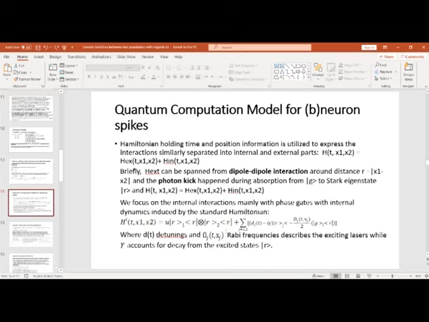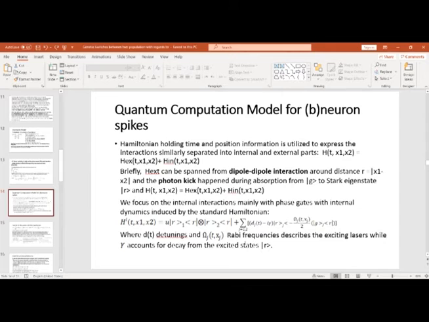So for this one here, what is important is the Rabi frequency. It describes the exciting lasers, and gamma is the decay from the excited states.